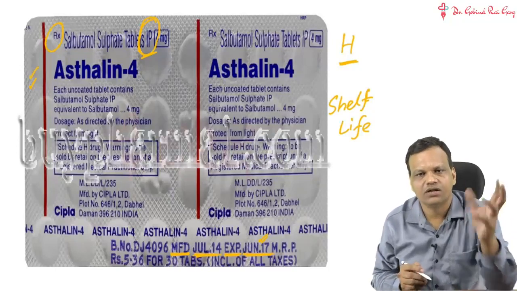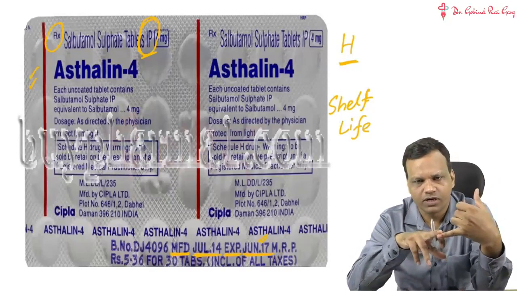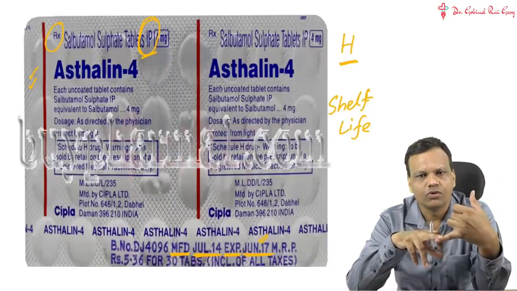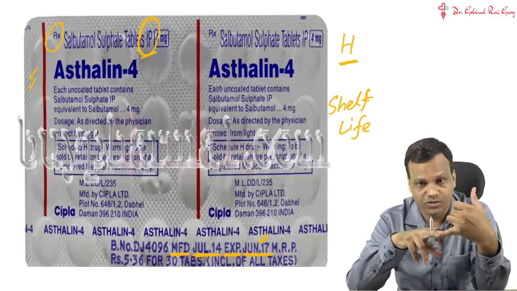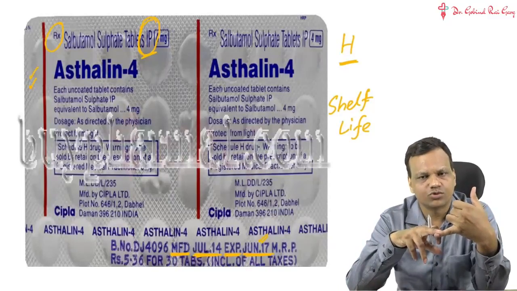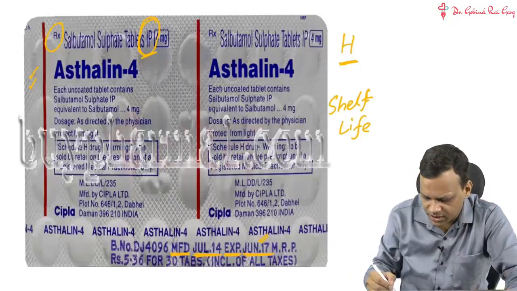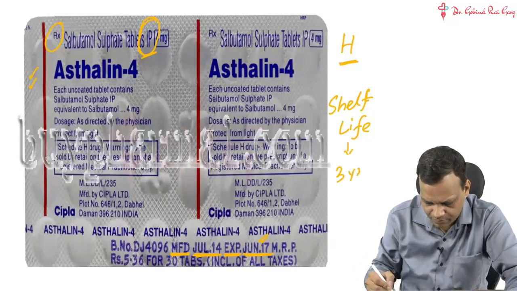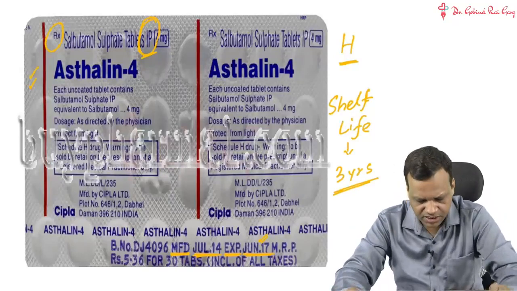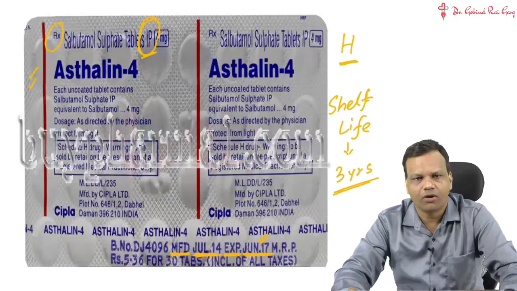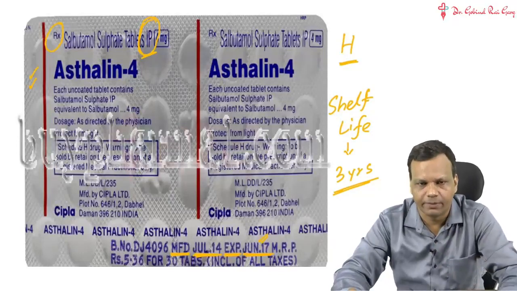So that means from July 14 to June 15 is 1 year, July 15 to June 16 is 2 years, and July 16 to June 17 is 3 years. So a total of 3 years is the shelf life of this drug in this example. Yeah? So these are the important points which are given on the drug label.